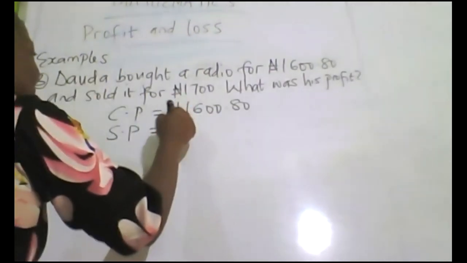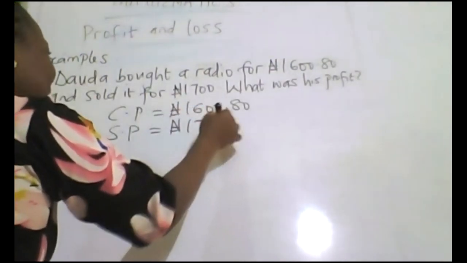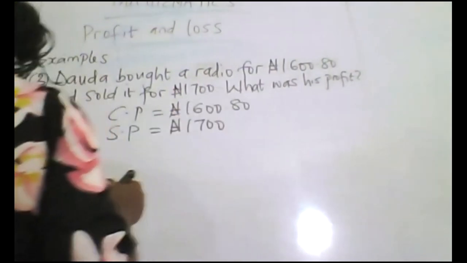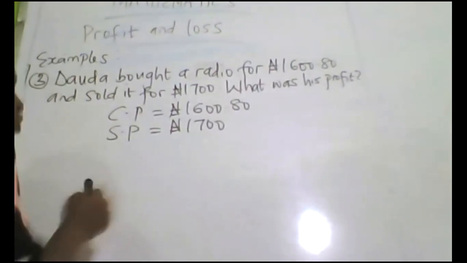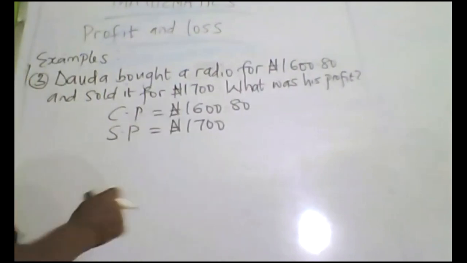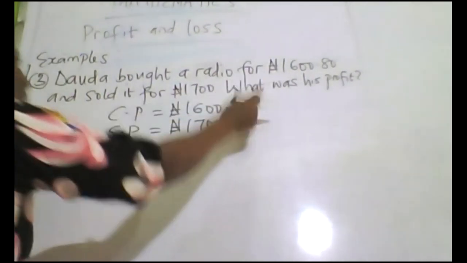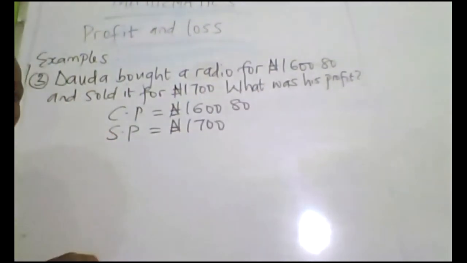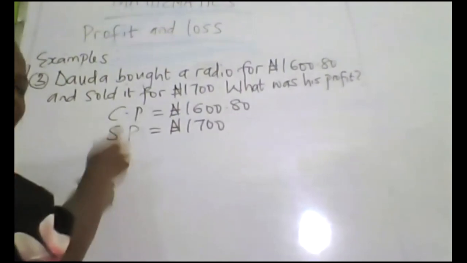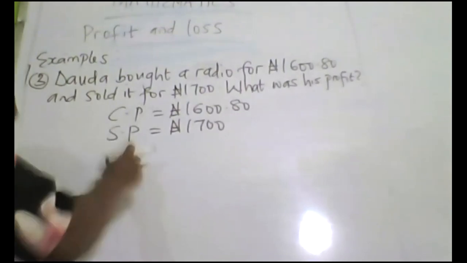Yes, 1,700 naira. We are told to find the profit. Of course, we should know that it is a profit. He has gone to market with his transport fare and stress and bought it at this amount. Now he is selling it at this amount. You should know that that is a gain.